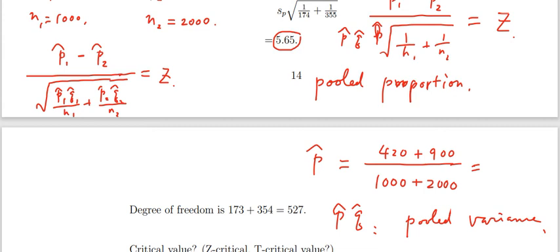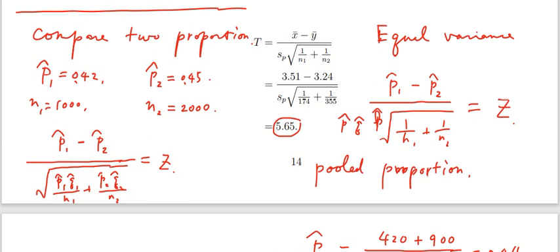No, let's see. Okay, so this equals 44. So for P1 hat 42 and P2 hat 45, when we put those two together, this is the pooled proportion of 44.